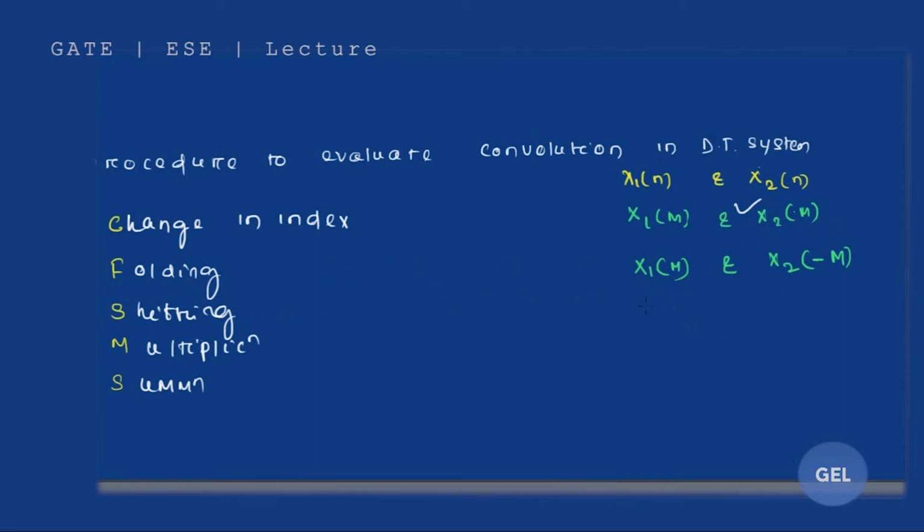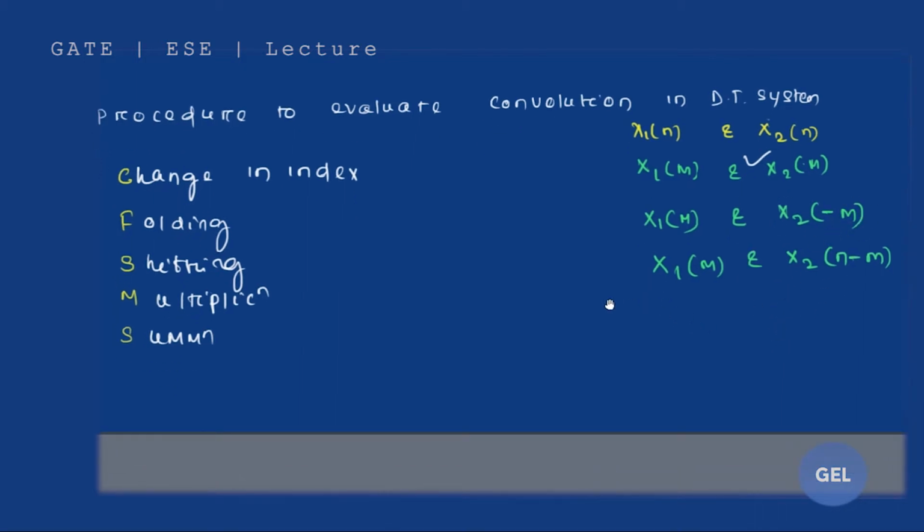Then we need to do the shifting here. x1[m] will lie there, and by shifting it becomes minus m plus n, or we can write n minus m. This is a small m, it looks a bit like a capital M, but it is a small m. Then you need to multiply these two terms, so you write x1[m] into x2[n minus m].